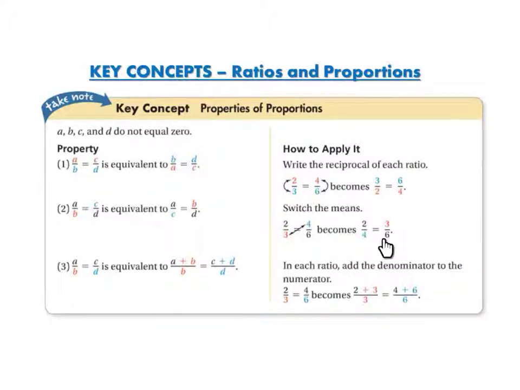And the final one, a/b equals c/d, is the same thing if I add the denominator to the numerator. So if I have 2/3 equals 4/6, I can add 3 to the numerator over here, 6 to the numerator over here, and they are still equivalent. So we're going to take a look at how this works, how to solve for a missing number in just a second.